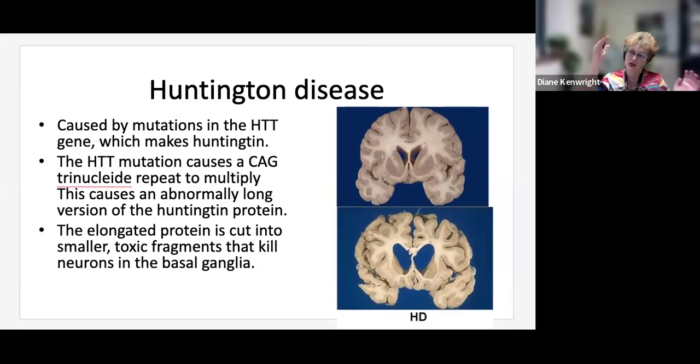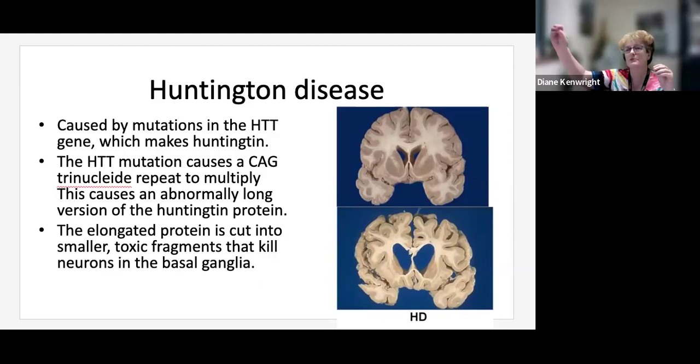And the gene can cope with up to 28 repeats, but once it gets longer, it kind of supercoils. You know how you're twisting rope and it supercoils? And then the protein cannot be transcribed properly. Actually, that explanation is wrong. Sorry.